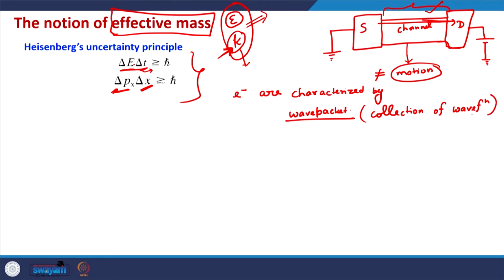I hope this point is clear: in an actual device where we have clarity about the position and timing of the electron, energy and momentum will not be precisely defined. So, we cannot define the electron by a single wave function, and that is why it will be defined by a collection of wave functions, or wave packets.